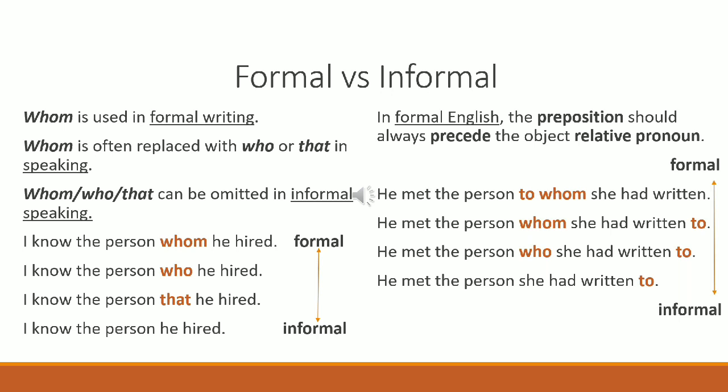So in formal, whom is preceded by to, and less formal, he met the person whom she had written to. So the preposition is placed at the end. He met the person she had written to. In this one, the preposition is put in the end of the sentence, so it is informal.